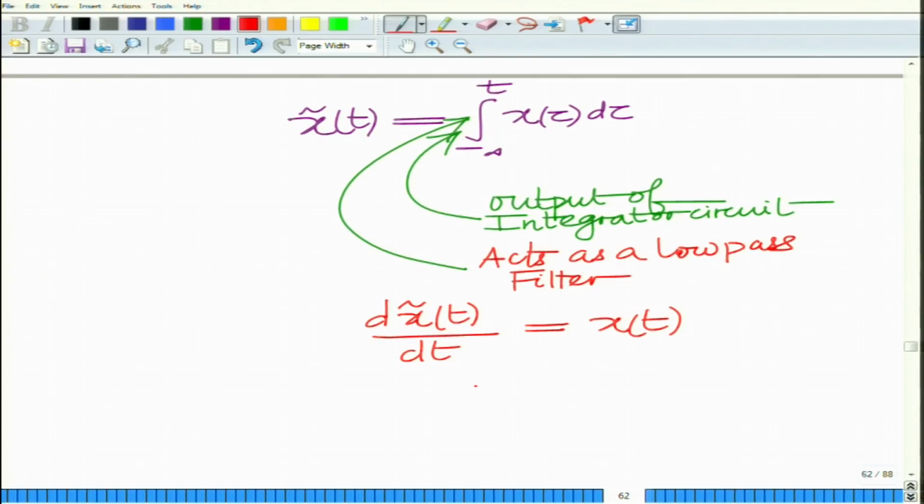That is, if I differentiate x tilde(t), I get x(t). Naturally, integration of x(t) gives x tilde(t). So, if I differentiate the output of an integrator circuit, I get back the original signal.